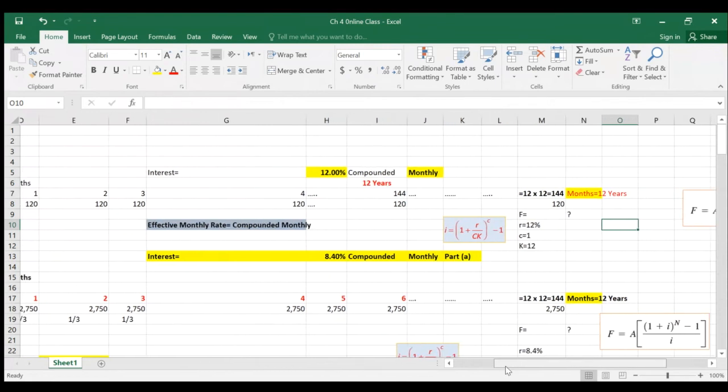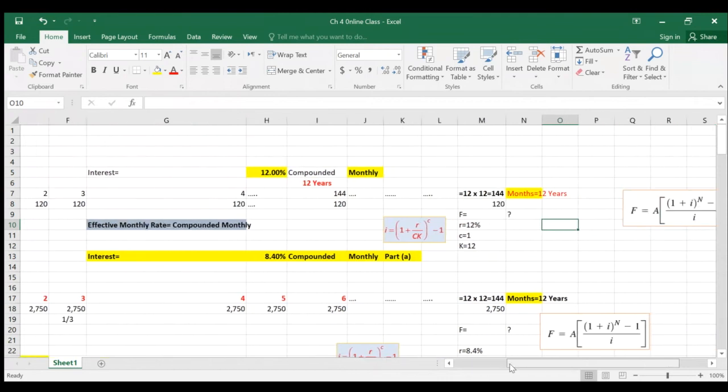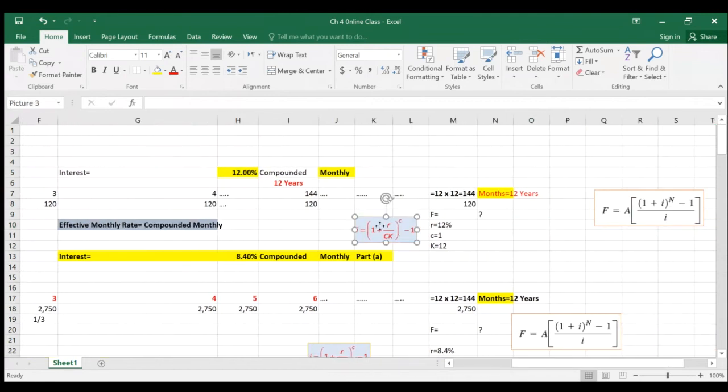In order to use it here, we need to have an effective rate. How do we calculate an effective rate? Using this formula, 1 plus R over CK. Can you calculate? Someone give me this number. R is 12%, C is 1, K is 12 because it is a monthly payment and it is compounded monthly.